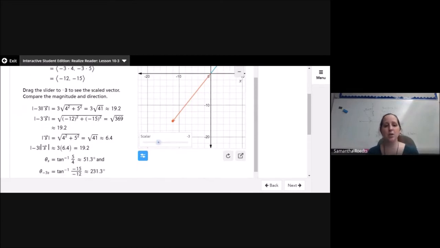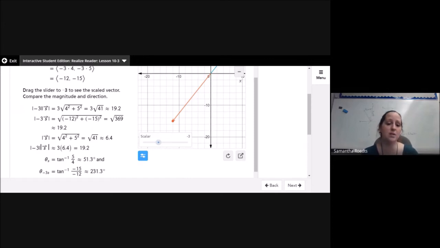My magnitude, I just multiply by 3 out in front. So I want to take the absolute value of it. You can do the original vector, or you can just use the new component vector that you've created, -12, -15. Again, both times you'll get 19.2. From there, you need to find the direction.